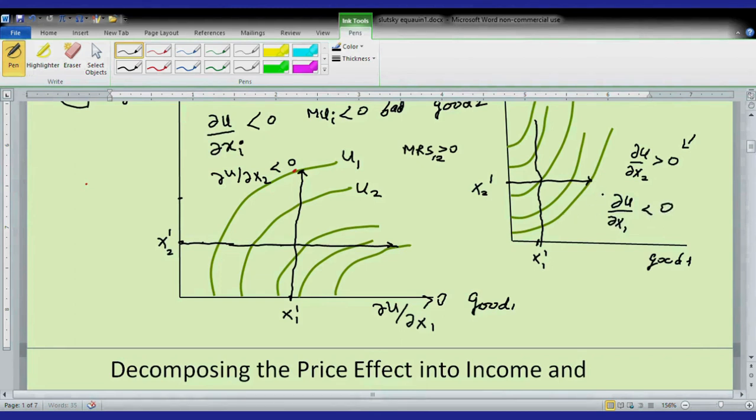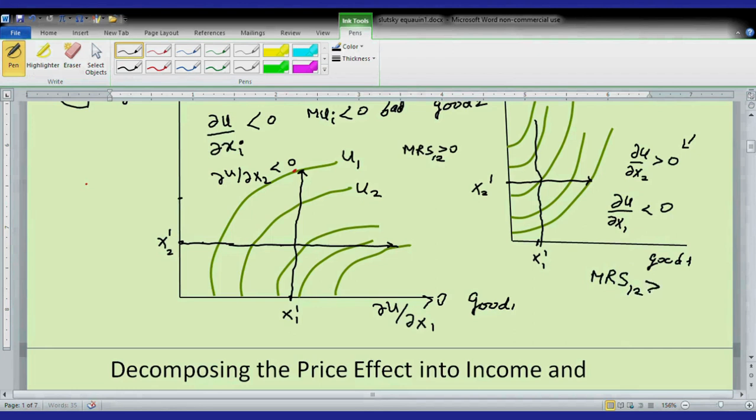Again, because the marginal rate of substitution is positive, we see that one of the goods is a bad good, and in this particular case the bad good is good 1. So the first indication that one of the goods is a bad good is that MRS is greater than 0.